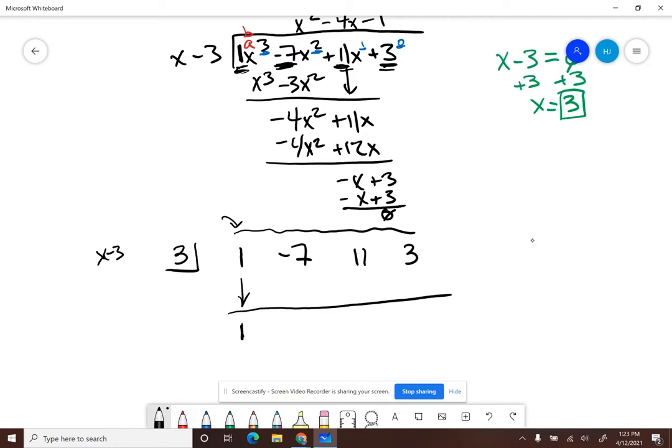After I bring it down, I'm going to go ahead and multiply whatever I bring down times this number that's in the box, okay? So I'm going to multiply this times whatever is in the box. So 1 times 3 is going to equal 3, and that 3 is going to go right here on my next line, okay?